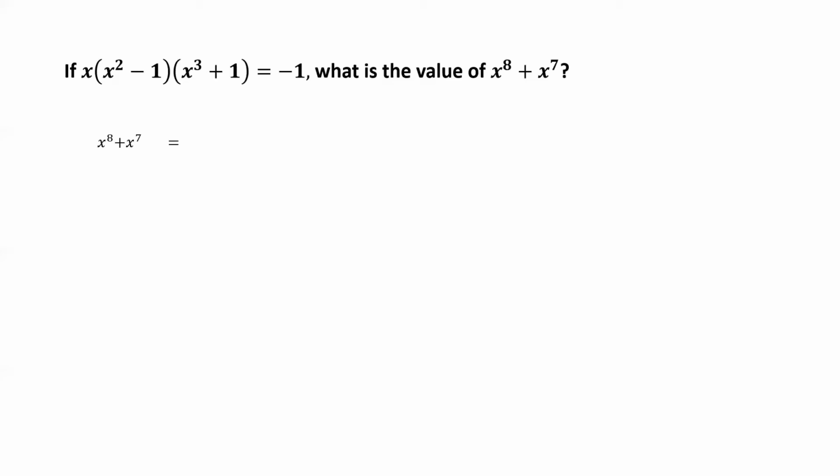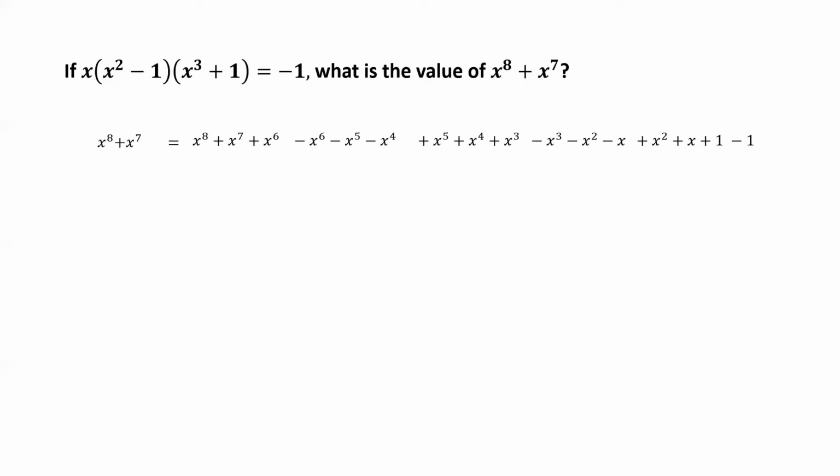So in this case, I start with x to the power 8 plus x to the power 7, and then I add some terms. The first term that I have added is x to the power 6. So I have x to the power 8 plus x to the power 7 plus x to the power 6, the powers of x in descending order, right? If I added x to the power 6, I need to subtract x to the power 6.